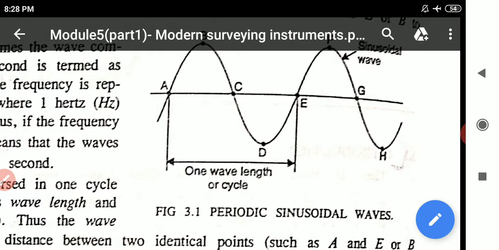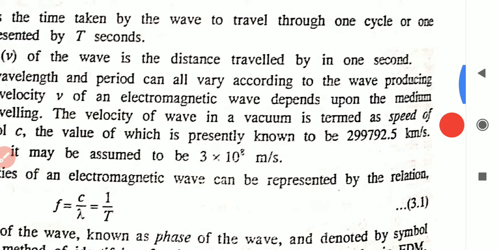First, the wave completes a cycle in moving between identical points, A to E, or B to F, or D to H. Second property is the number of times the wave completes a cycle in 1 second, termed the frequency. Frequency is measured in hertz, Hz, where 1 hertz is 1 cycle per second. Thus frequency f is, for example, 10 raised to 3 hertz.